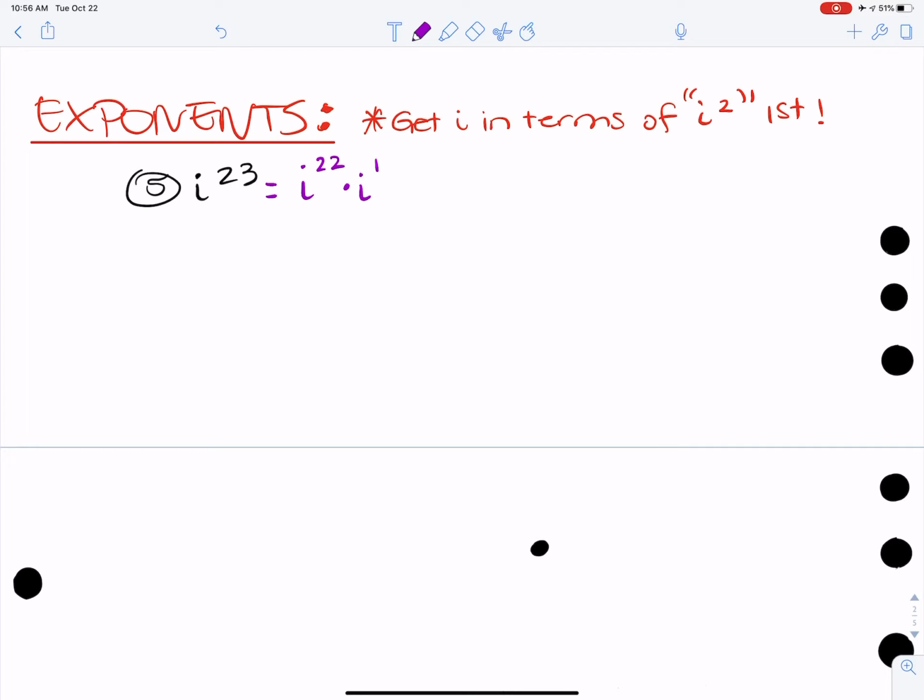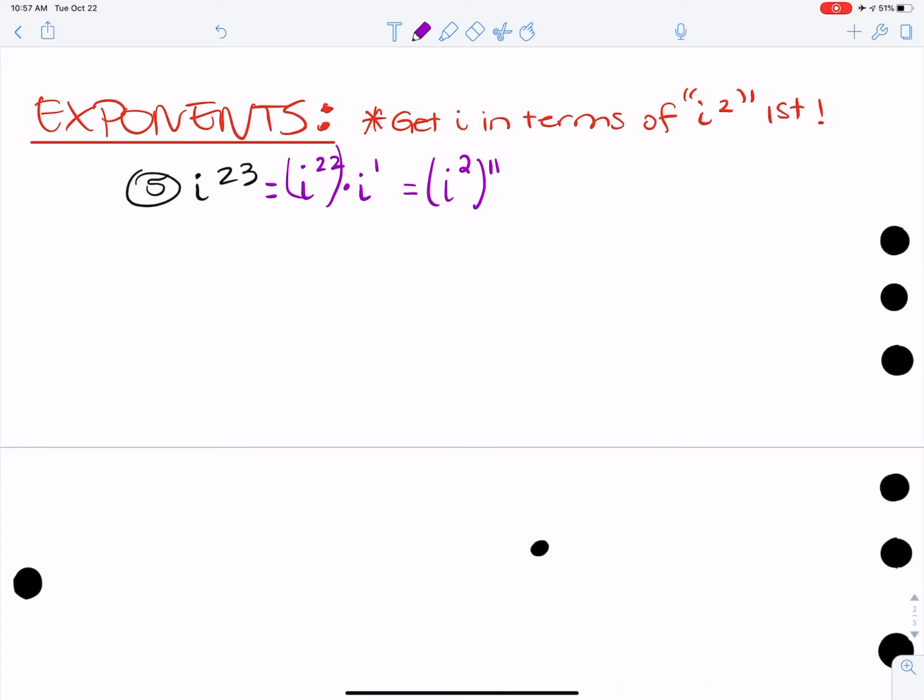Now, the thing here is the i to the 22nd. That part can be rewritten. So I'm going to put parentheses around it as i squared to the 11th. Well, now you want to think about multiplying. Why is 22 a multiple of 2? Oh, because it's 2 times 11.